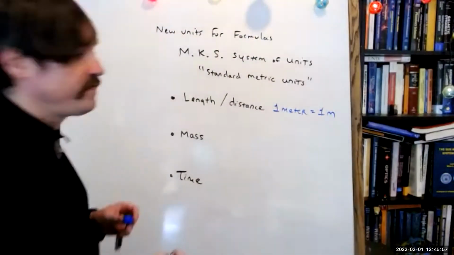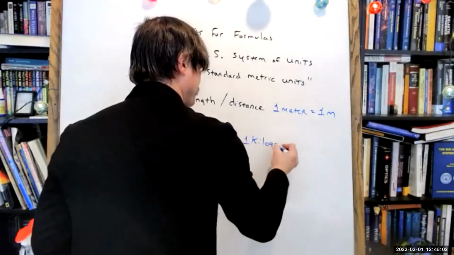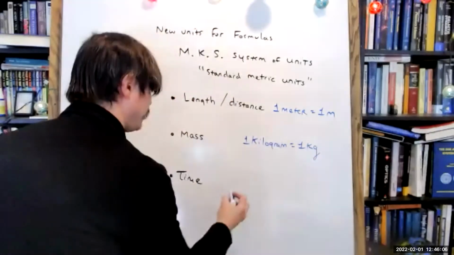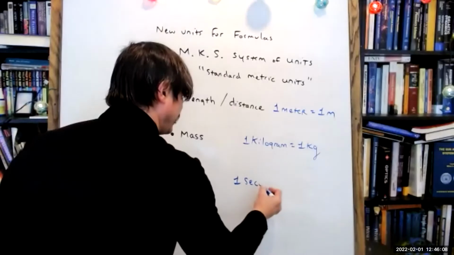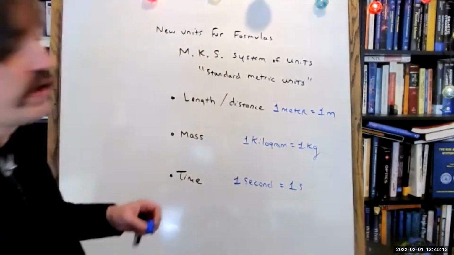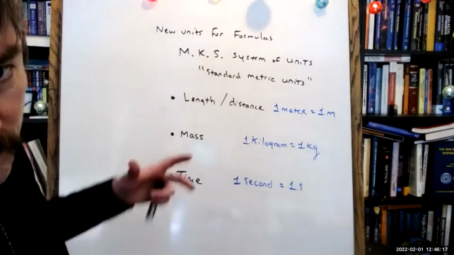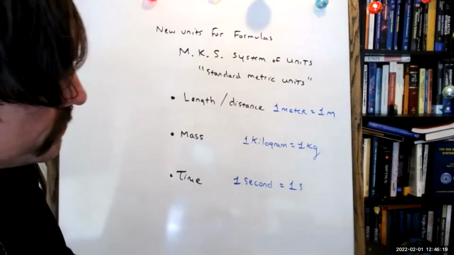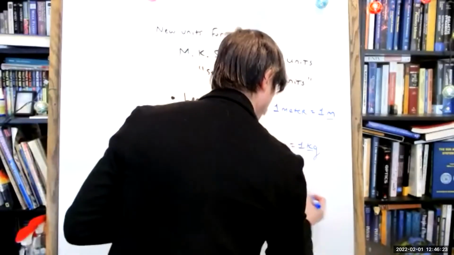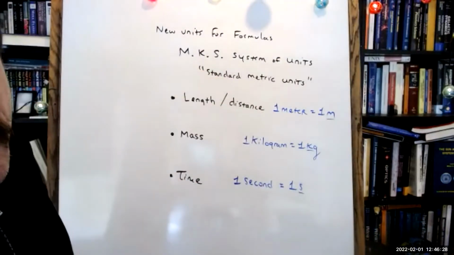The standard unit of mass will be the kilogram. And the standard unit of time will be the second. These are the units that we want to convert things into before we plug into our formulas. Because they begin with the letters M, K, and S, we call it the MKS system.